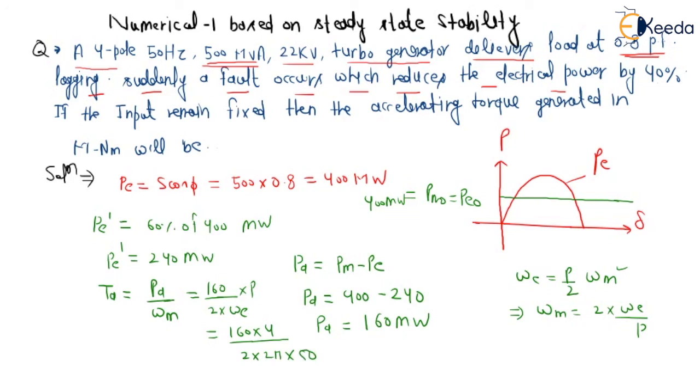So here we can easily calculate the value of TA as 1.019 mega Newton meter. So this is the answer, and this question has been asked in the GATE examination for 2 marks. So this is all about this numerical number 1 based on steady state stability. Thank you.